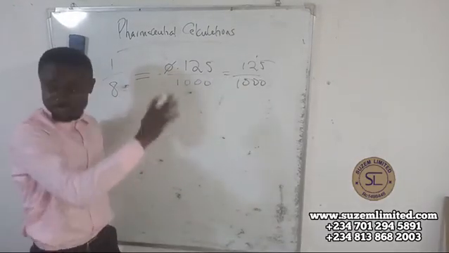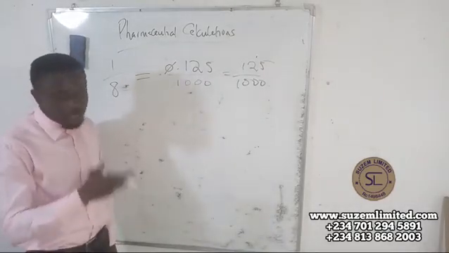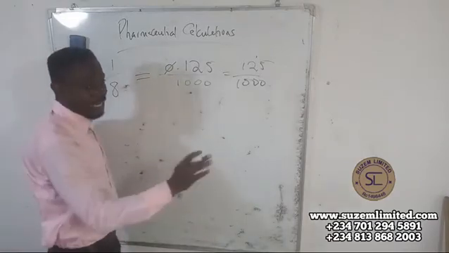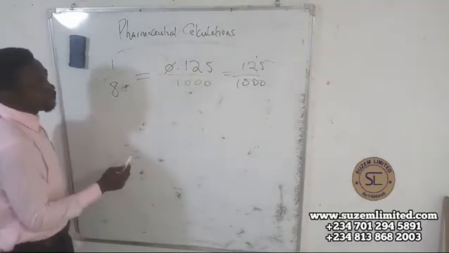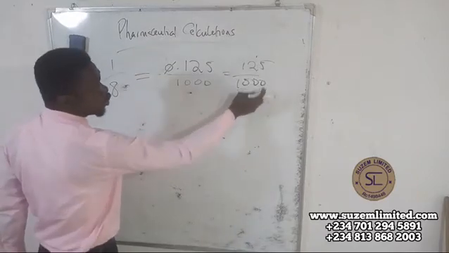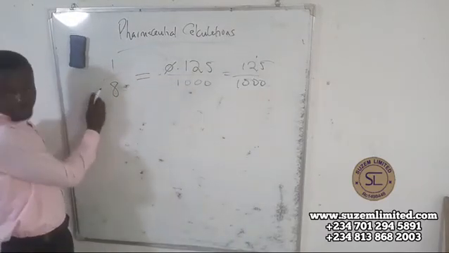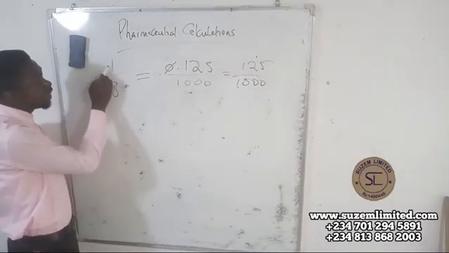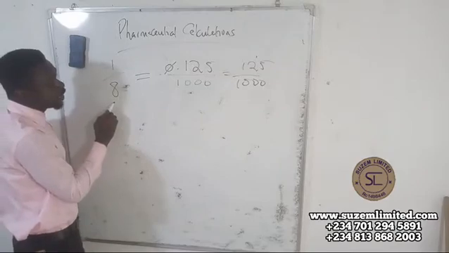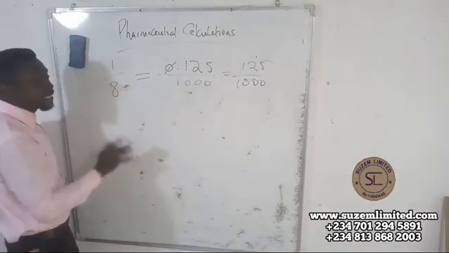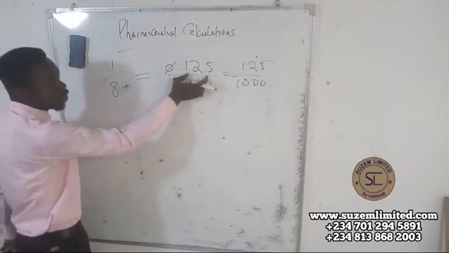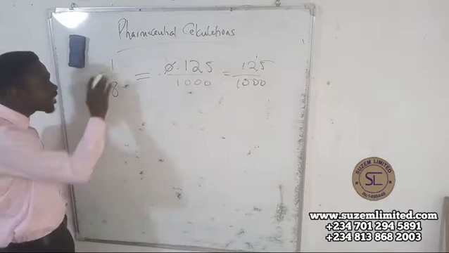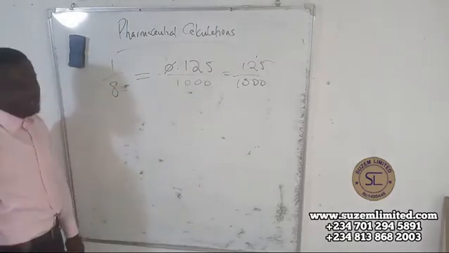This 125 over 1000 is equivalent to 1/8. Even though the numbers in the numerator and denominator are not the same, their quotient is the same. If you divide this to give you 0.125, and divide this to give you 0.125, they have the same value, but different numbers in the numerator, and so they are equivalent.